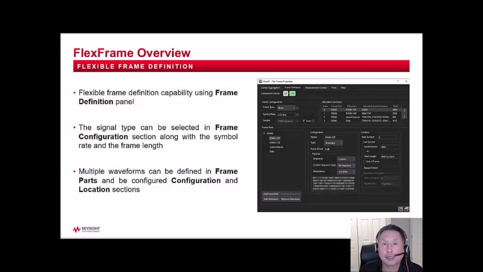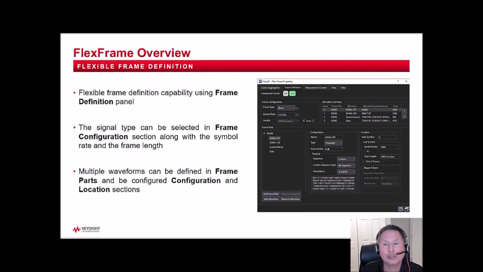Both periodic and burst type signals can be analyzed with Flex Frame by defining them in the frame definition panel. The signal type can be selected in the frame configuration along with the symbol rate and the frame length. If the signal type is burst, then the auto mode can be selected to automatically detect the frame boundaries. The user can flexibly design each allocation after adding them in frame parts using configuration in the frame definition panel.